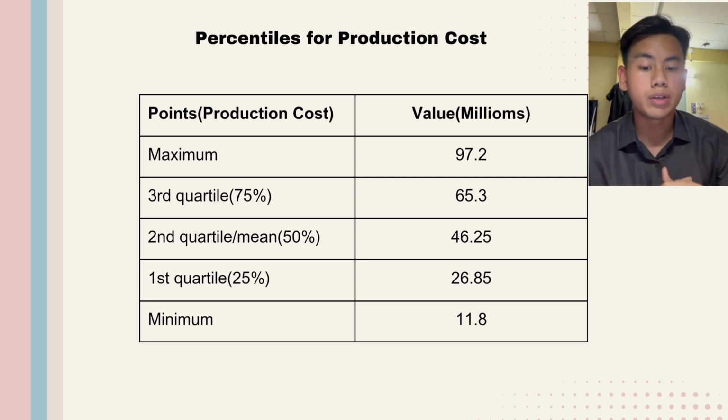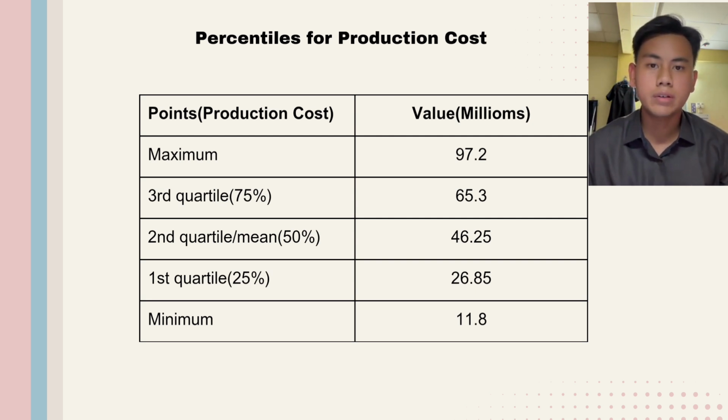The minimum point in the production cost data is 11.8. All of this can be obtained by applying the given formula.